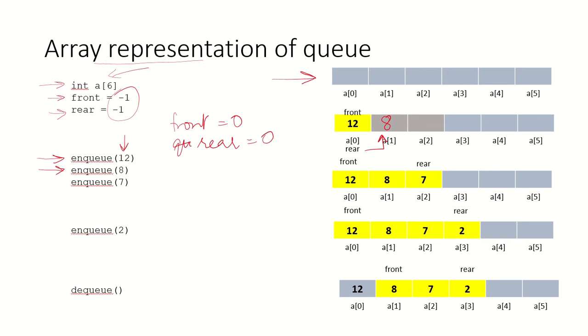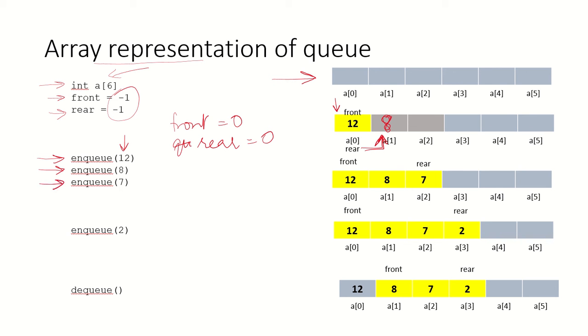So we have added one more element. Front will not be changed because no element has left the queue. Only elements can be added from the rear end. So rear has been incremented to point to the next available space, and 8 has been enqueued in the queue.